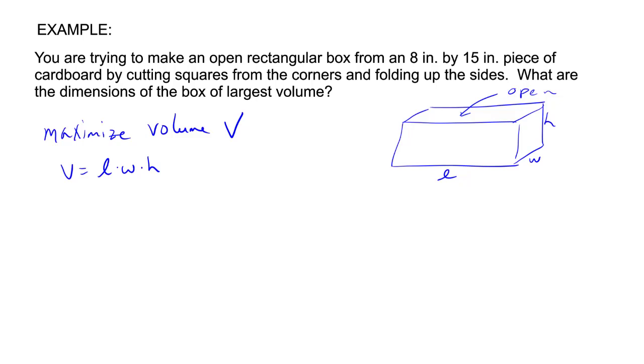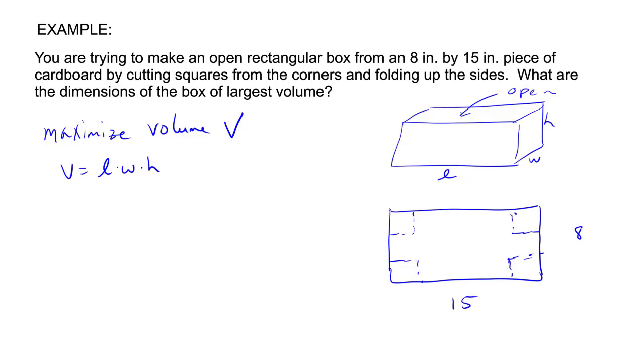Okay, so what we're doing is we're actually taking a rectangle sheet, all right, and we're going to cut out squares from each corner. All right, and this is originally 8 by 15. And by cutting out these squares, so they're squares and we get to choose how to cut them out.